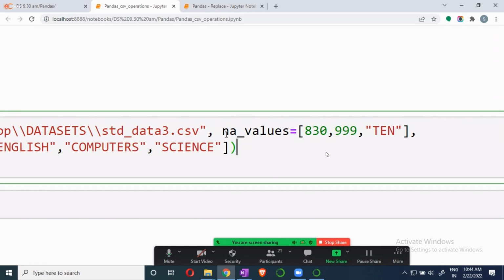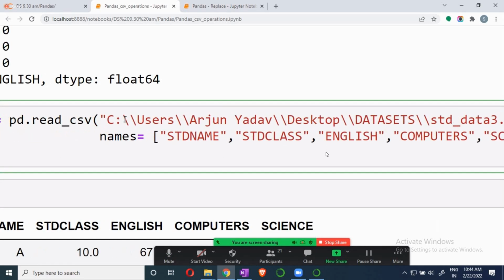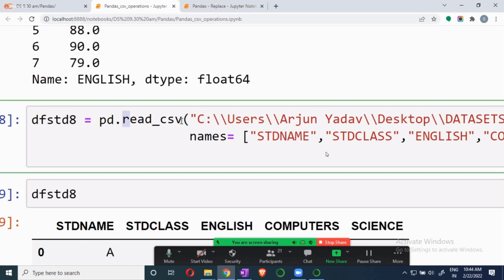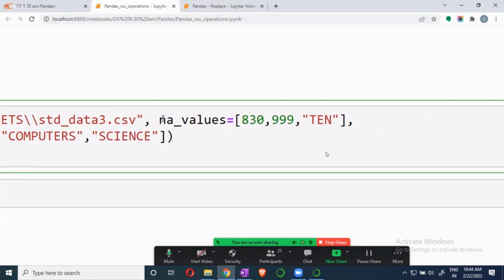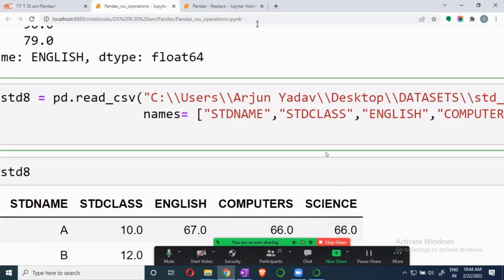So na_values, this is a part of what? read_csv. Inside this there is an attribute called na_values. What na_values will do is, you have to give a list of values or a single value also. While uploading itself, it will convert it to NaN and give it to us.